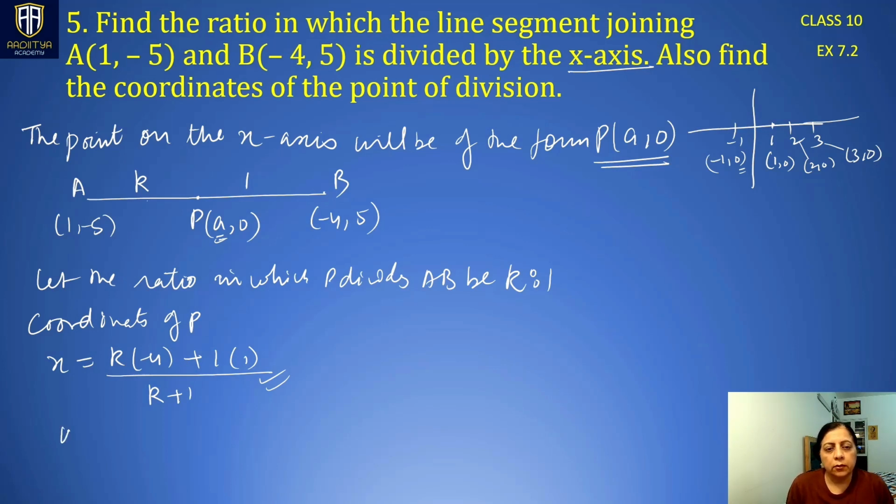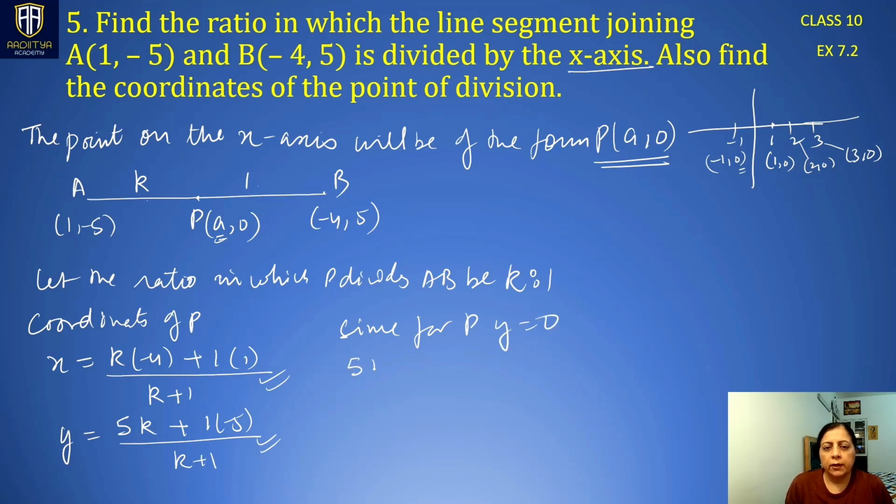So instead, I find the value of y. That means k multiplied by 5 added to 1 multiplied by minus 5, divided by k plus 1. And we know that this point P has y coordinate 0. So I can simply equate this coordinate to 0, since for P, y is equal to 0.